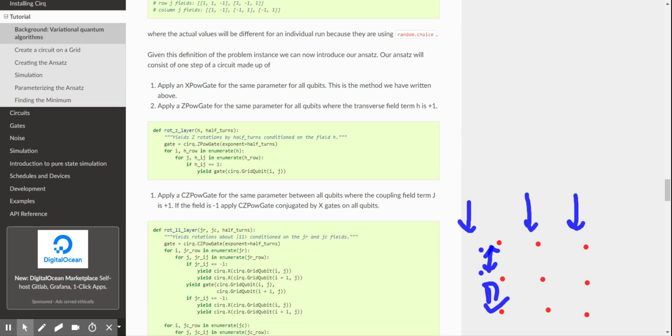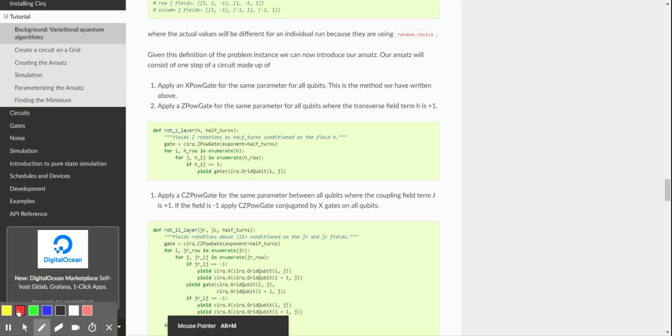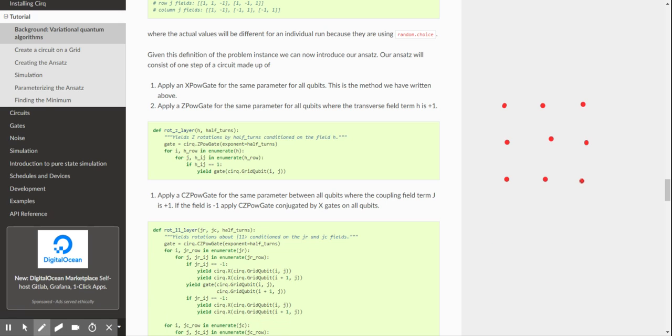Wait a second, you iterate 2 times. My point is, I think we could just encode it in a similar way to the column J fields. I'm just thinking, why would you do it differently?